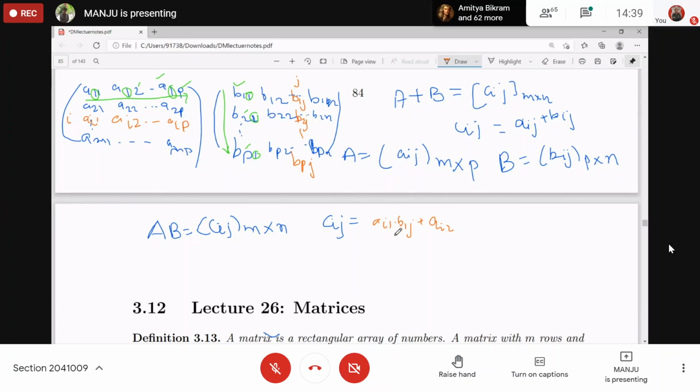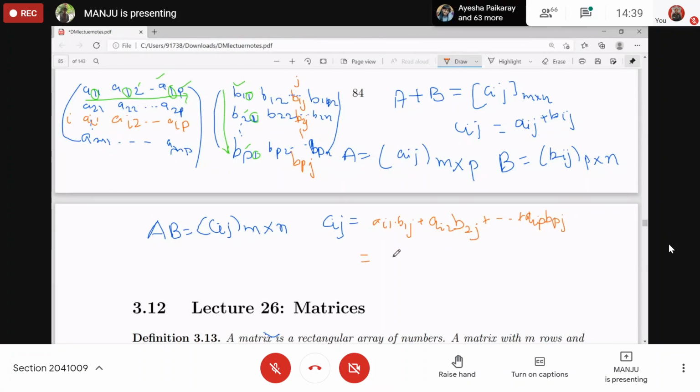So Ai1 B1j, Ai2 B2j, and so on, right? Plus Aip Bpj. Okay.